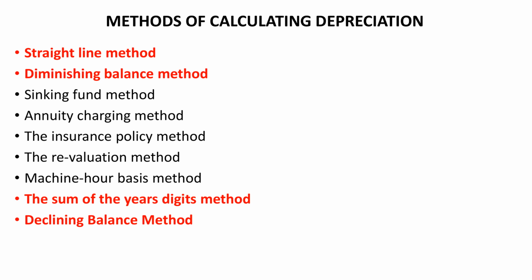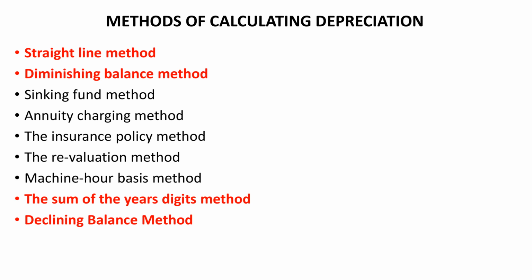Now we will look into the different methods of calculating depreciation. We have various methods to calculate depreciation, like the straight line method, diminishing balance method, sinking fund method, annuity charging method, the insurance policy method, the revaluation method, machine hour basis method, sum of years digit method, and declining balance method.